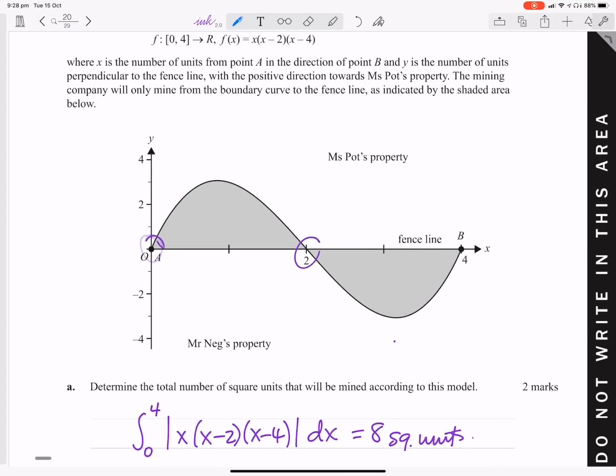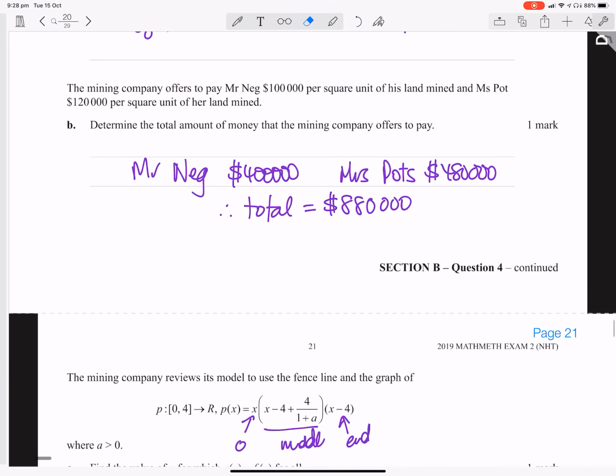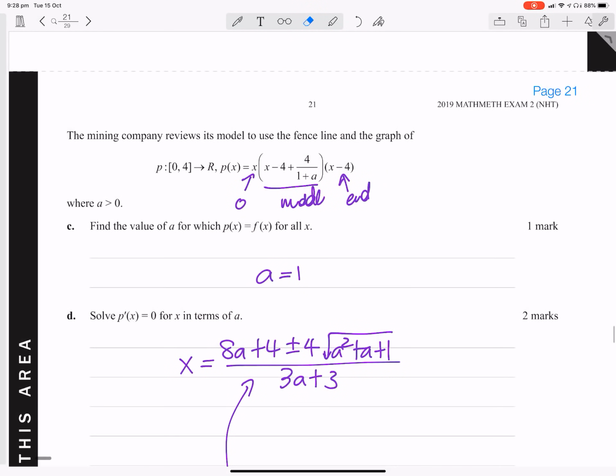If we were to solve this, the first area would be from 0 to 4 minus 4 on 1 plus a.